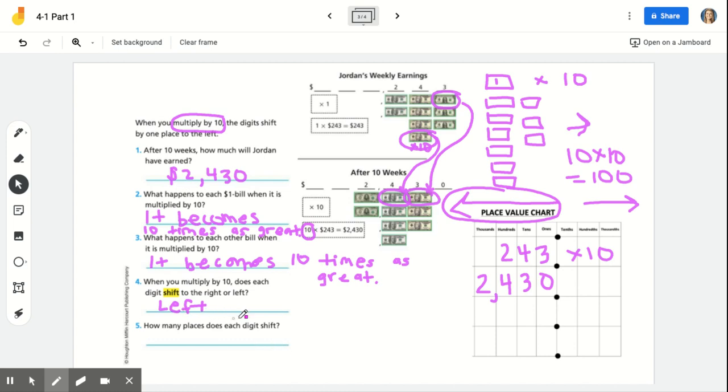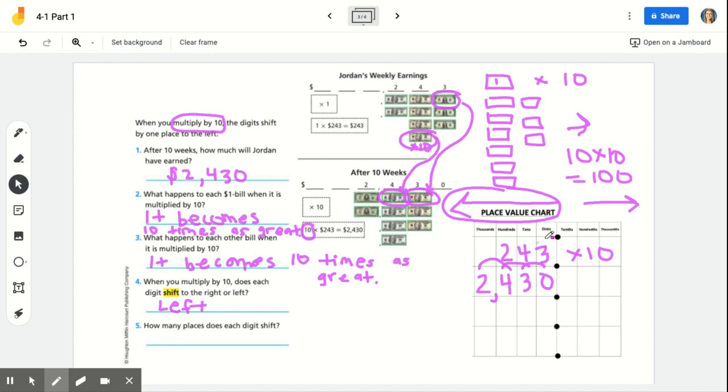And number 5, how many places did each digit shift? Well, let's count. The 3 went from the ones to the tens. The 4 went from the tens to the hundreds, and the hundreds went to the thousands place value. Do you see how I did those like little hops?